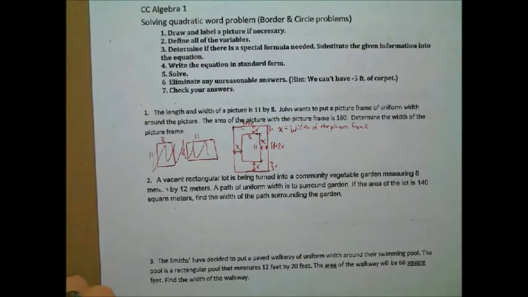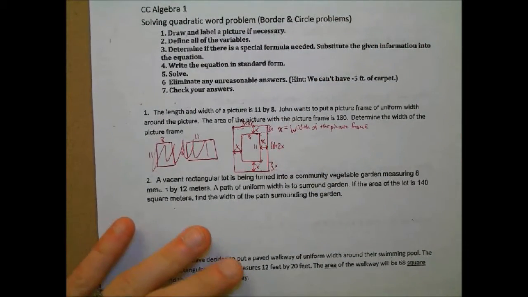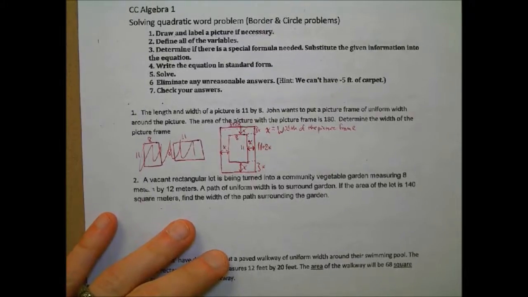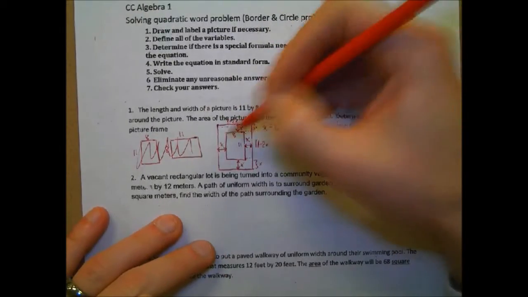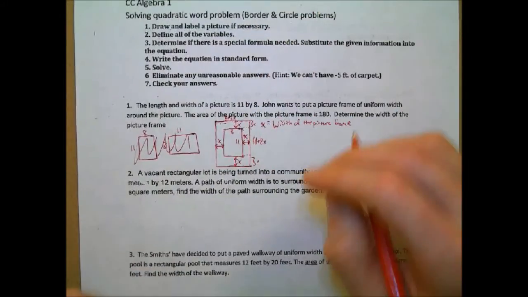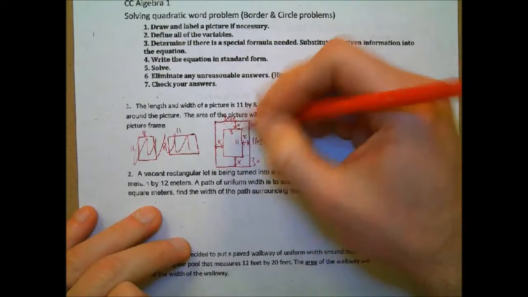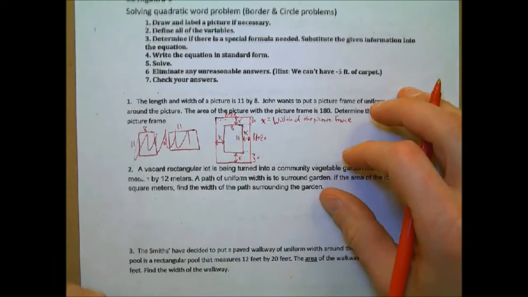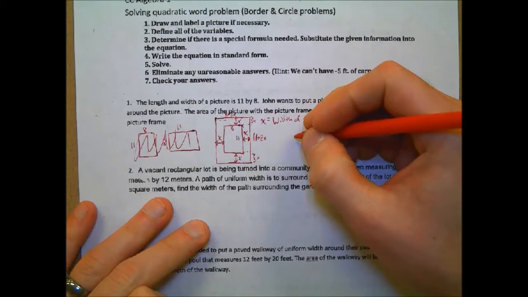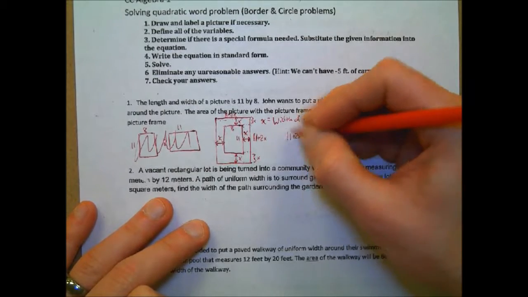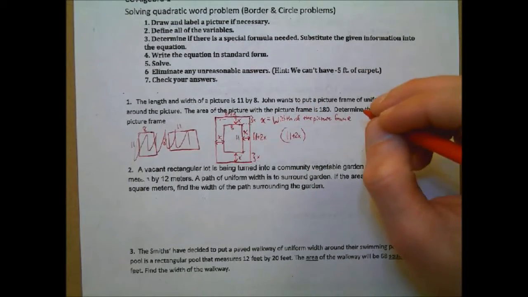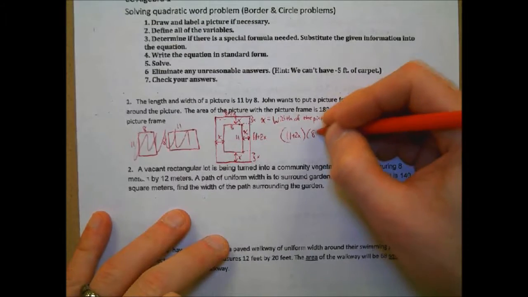Right? All right. Now, we know the area of this whole big rectangle here is 180. How would we set up the area of this big rectangle? What times what? What are we going to multiply together? 11 plus 2x, yep, times 8 plus 2x, yep, the other dimension there.